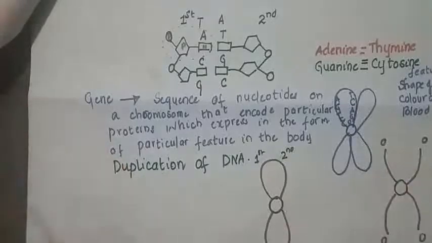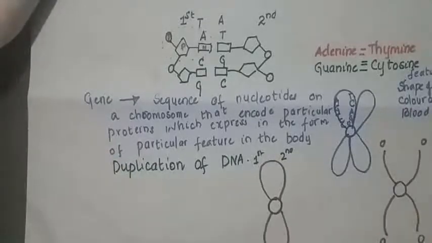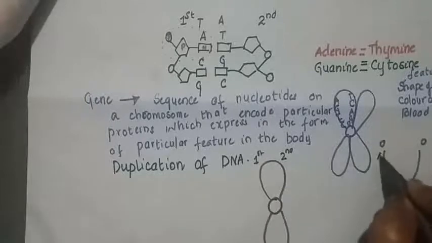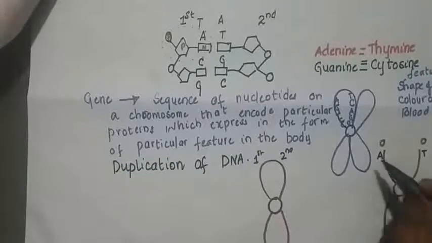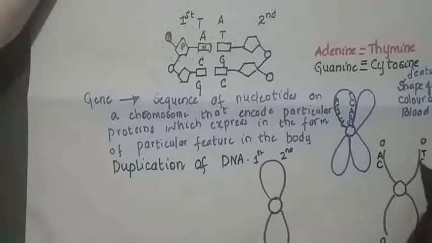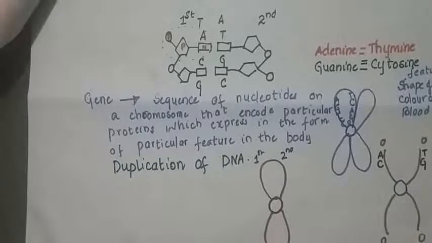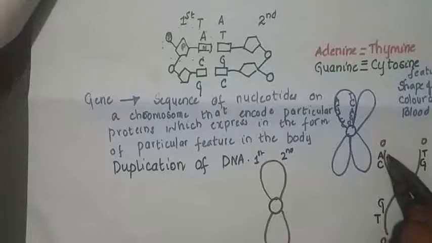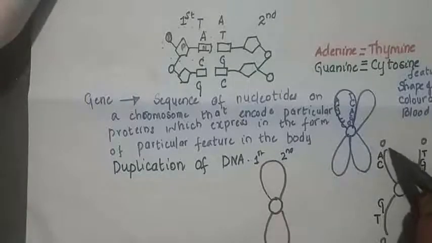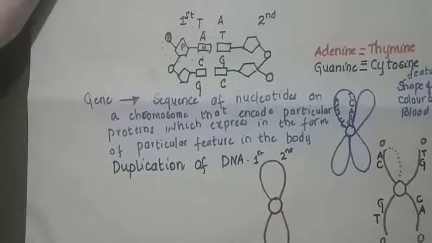So when they open up, in case if you have an adenine here, you know that in the opposite strand you find the thymine. If you have a cytosine here, in the opposite strand you have a guanine. Or if you have a guanine here, opposite strand you have a cytosine. If you have a thymine here, opposite strand you have an adenine. So if this is the old strand, against the old strand you may have a formation of a new strand.